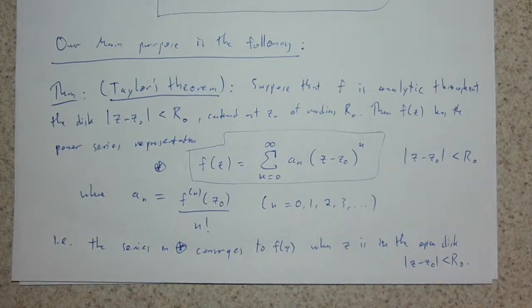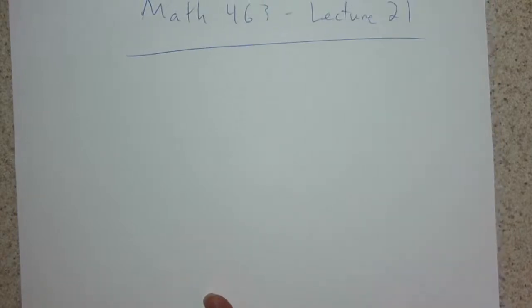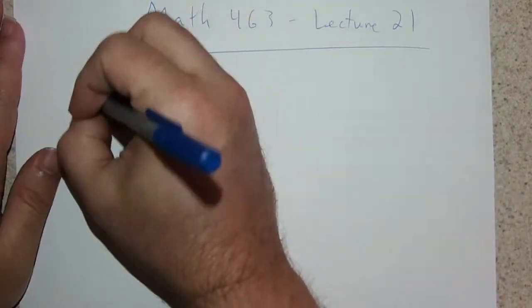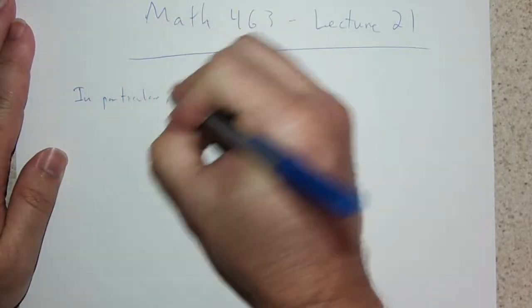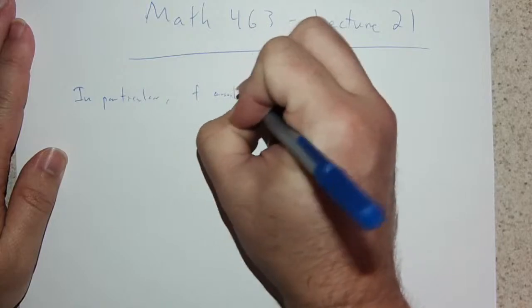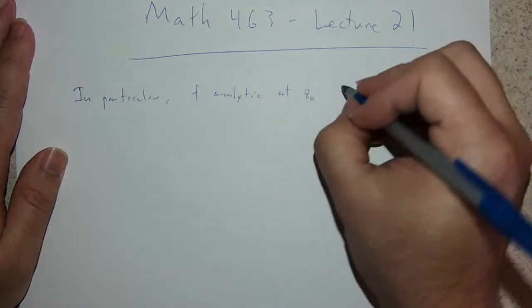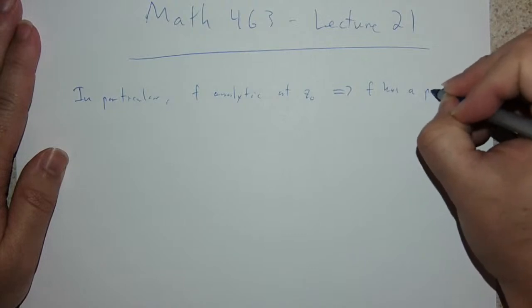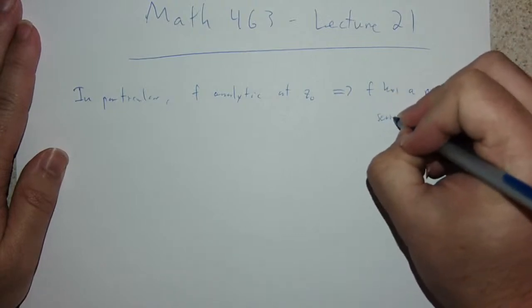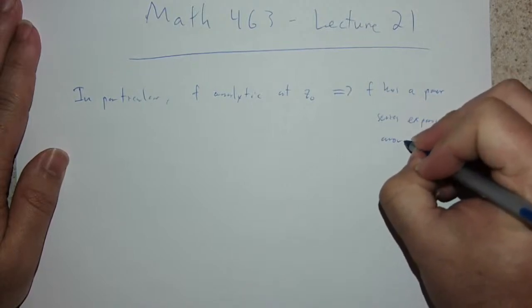All right. And so finally, this gives us the statement that I had mentioned before. So this means, in particular, f analytic at z0 implies that f has a power series expansion around z0, or about z0.